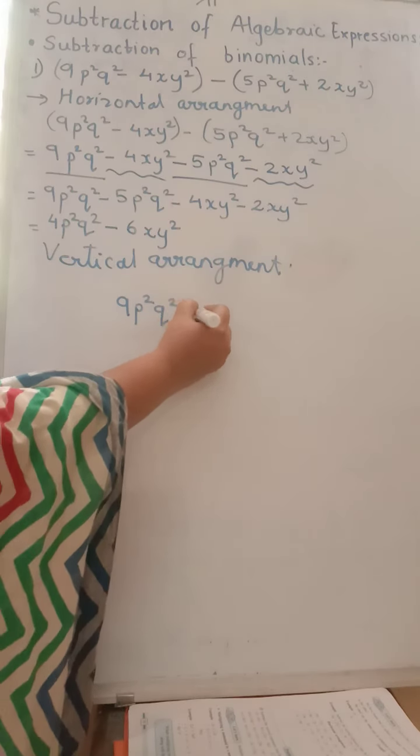Okay. I'll put it in bracket. Subtraction, so minus sign. And now I will write in bracket the other trinomial, that is 9x minus 27y plus 14z.